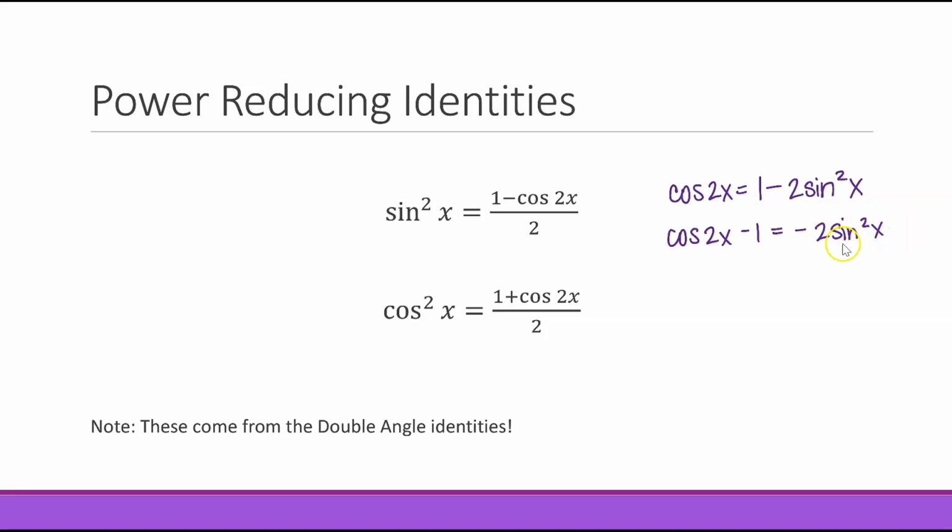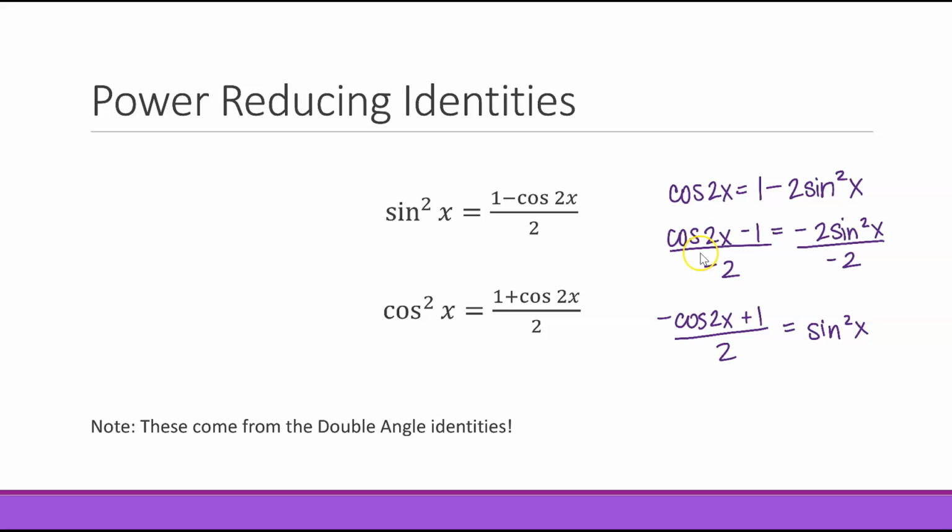And I just want sine squared x. I'm going to divide both sides by negative 2. So what I end up with here, I'm going to move the negative that's on the bottom to the top and distribute it. So I have negative cosine 2x plus 1 over 2 is equal to sine squared x.